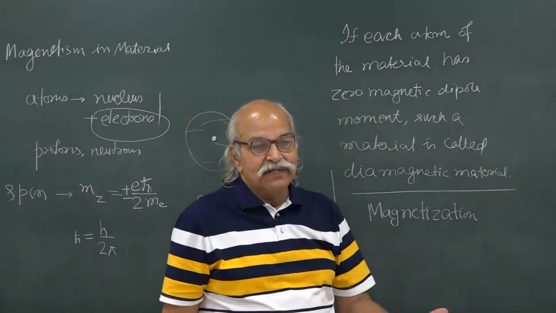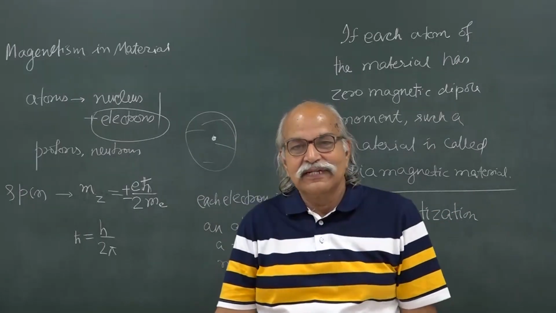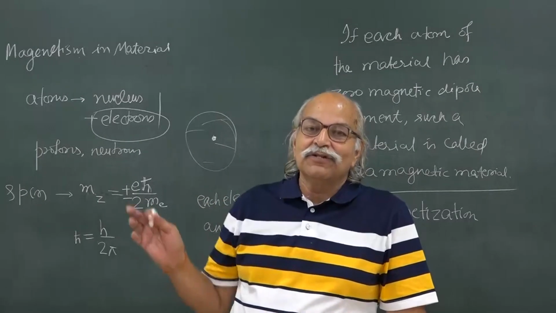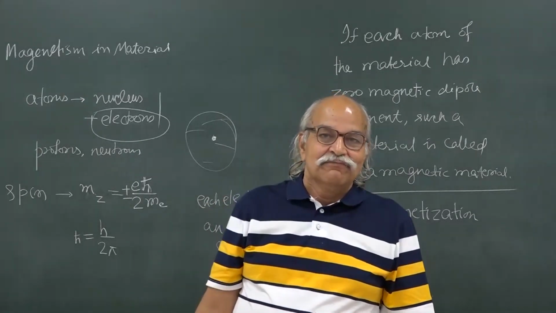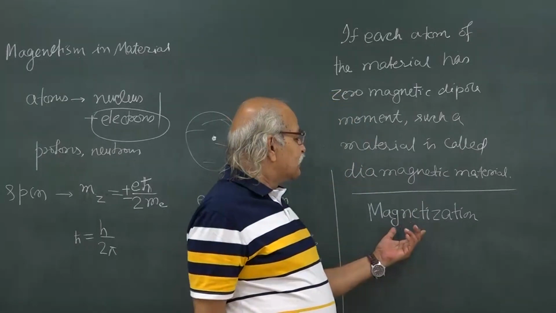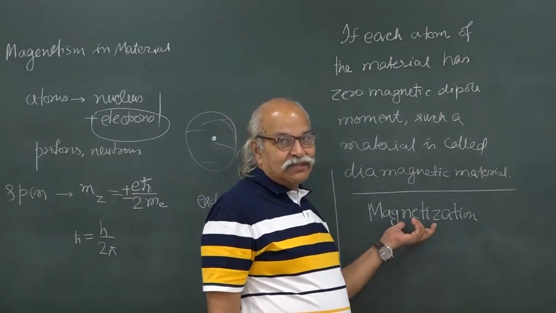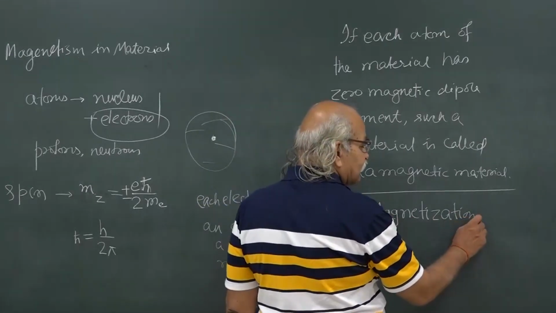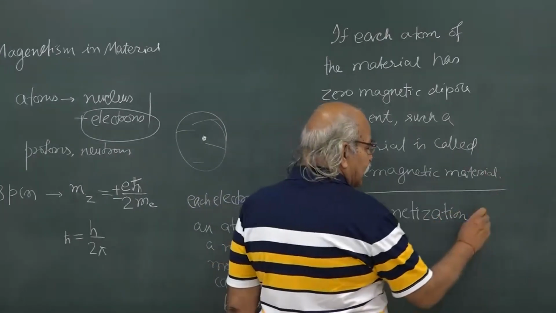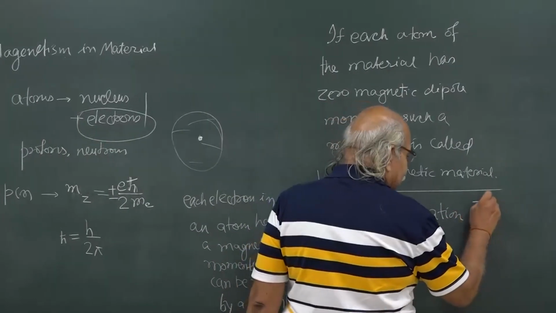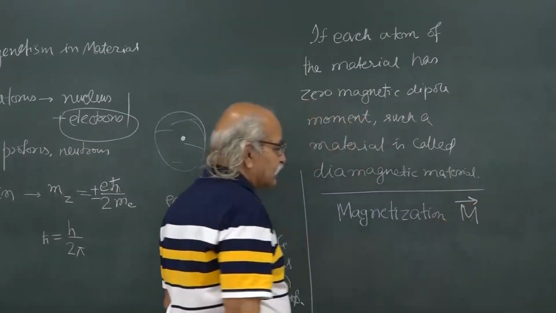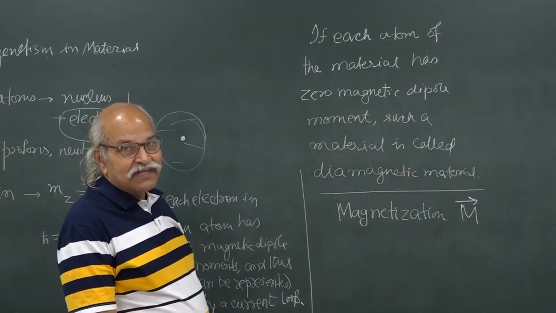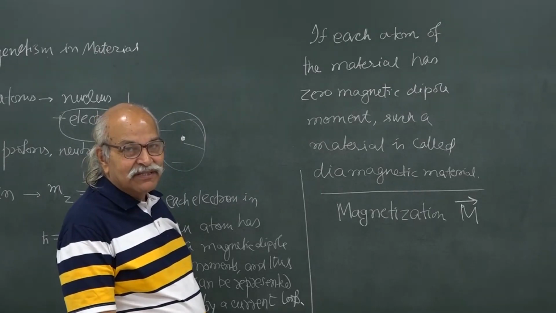In normal language, we use this word when we say that this iron nail is magnetized or it is not magnetized, but magnetization is a technical word with a particular meaning. It is a vector field, a vector quantity depending on space points, and we will write it as capital M vector. And what is this magnetization in the material?